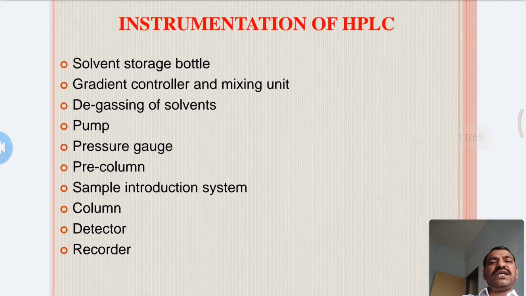So now we are talking about the instrumentation part of HPLC. These different components make up the HPLC instrument. First, the solvent storage bottle. Different types of solvent are stored in bottles, whatever may be needed in our analysis.